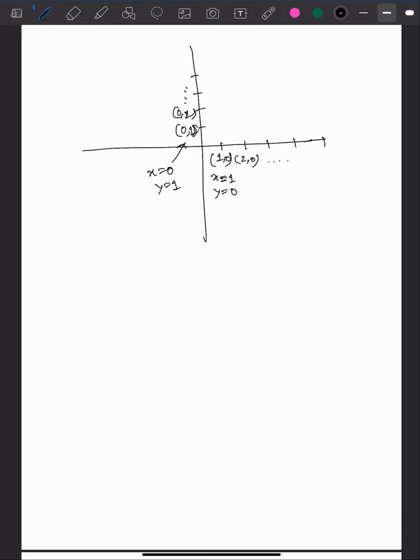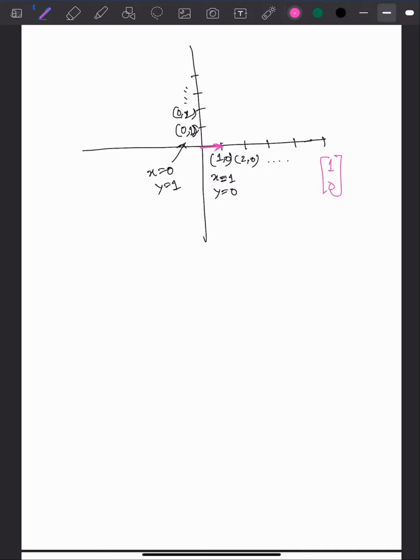If we put a straight line from 00 to 10, let me take a different color, this can be represented as a vector which can be written as 10.